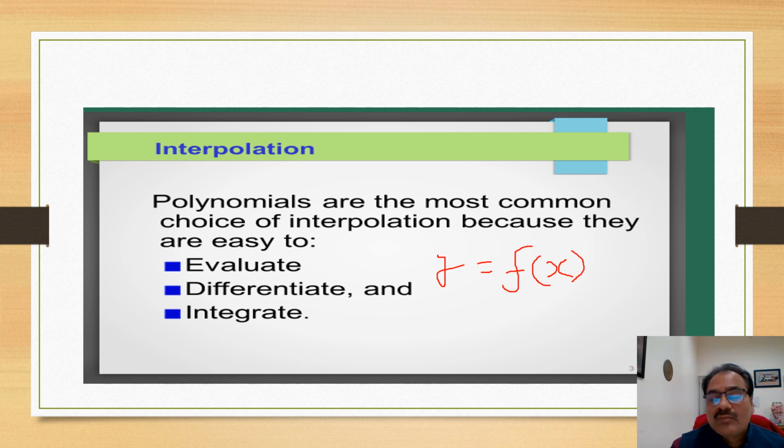Polynomials are the most common choice of interpolation because they are easy to evaluate, easy to differentiate and integrate, and we know a lot of various functions. In a narrow sense, mathematics is nothing but the study of various kinds of functions.